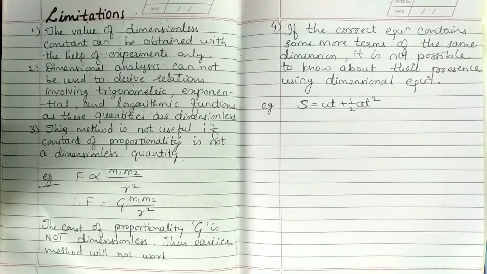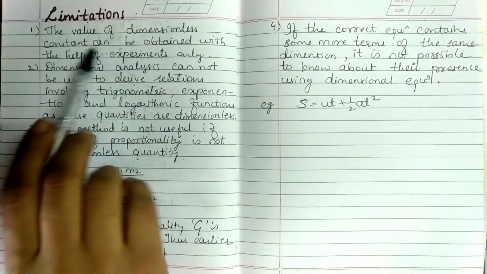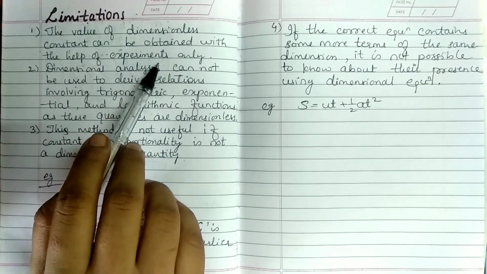There are certain limits to applying dimensional analysis. In some cases, we can't use dimensional analysis to solve some problems. The first one is that the value of a dimensionless constant can be obtained with the help of experiments only.